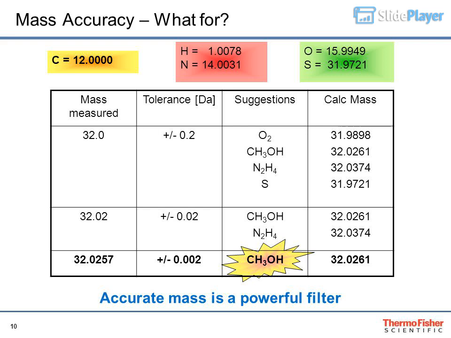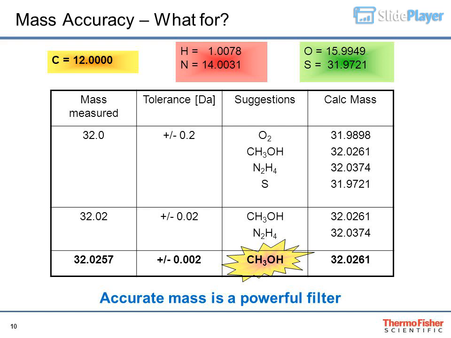Mass measured, tolerance, suggestions, calculated mass. 32.0, plus or minus 0.2: O2, N2H4, S, with masses 31.9898, 32.0261, 32.0374, 31.9721. 32.02, plus or minus 0.02: 32.0257.